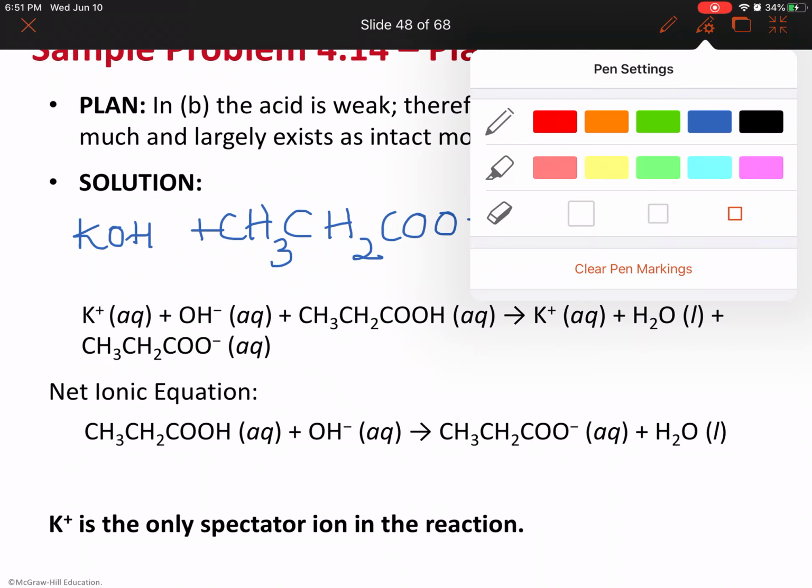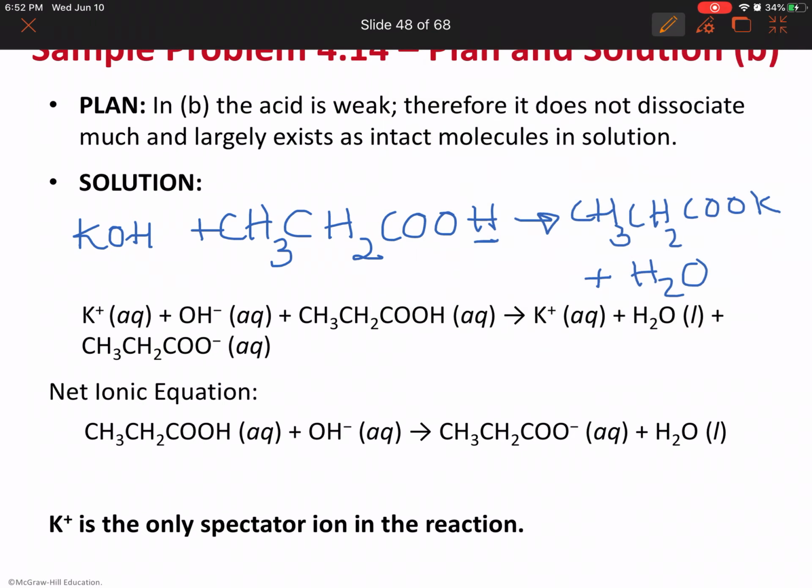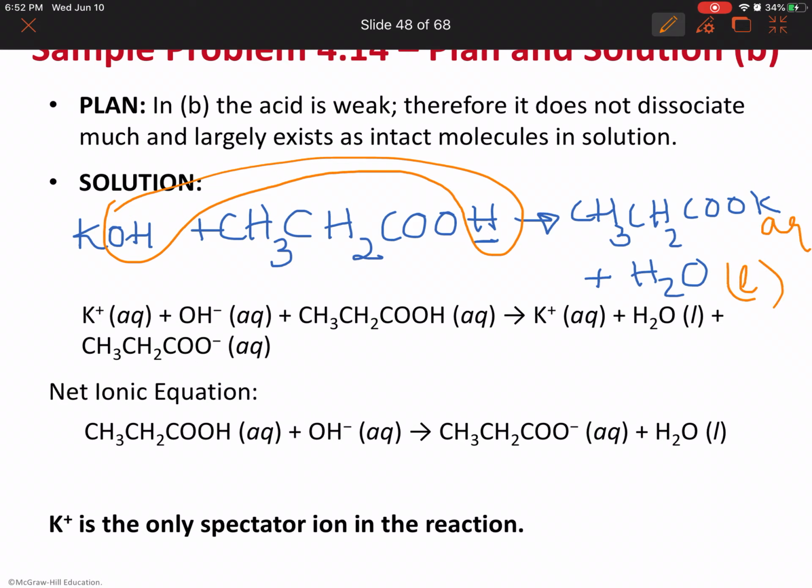Water is going to form between this oxygen and hydrogen, and this one forms the water. Okay, that's the molecular equation. All of these are aqueous, soluble in water.